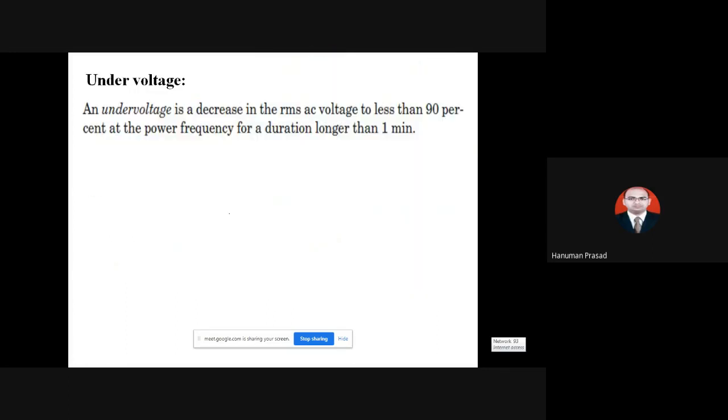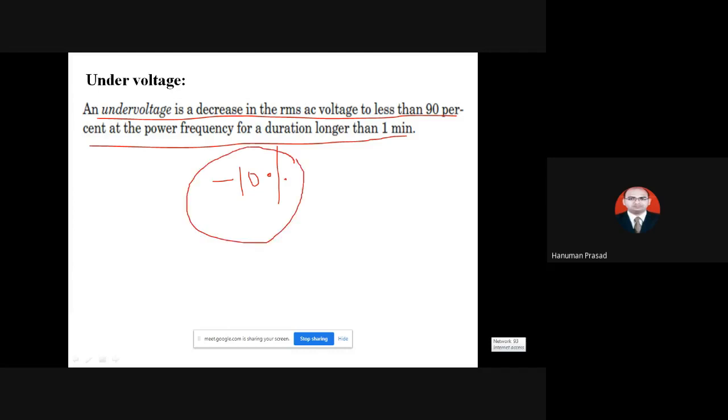Under voltage, as the name suggests, is a decrease in RMS AC voltage to less than 90% at power frequency for a duration longer than 1 minute. That means your voltage is reduced by -10%, that is 90%.